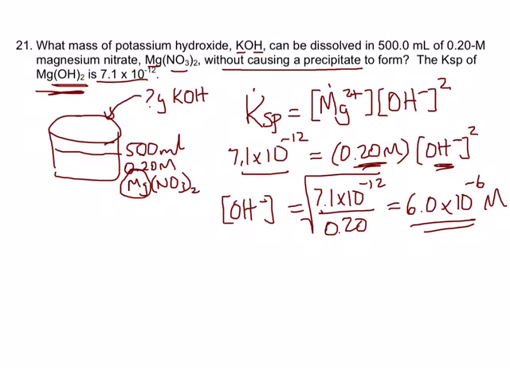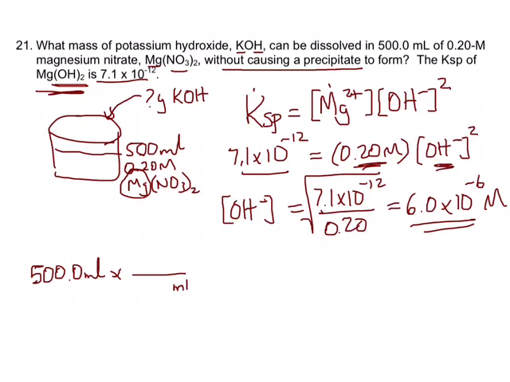Now we're just about done. The question was, well, what mass of potassium hydroxide could you dissolve in 500 mL of the solution? So we know the hydroxide's concentration, and we know that KOH is the source of the hydroxide. So let's go find out the mass of KOH that we could use. We'll start again with the volume, 500 milliliters of solution.